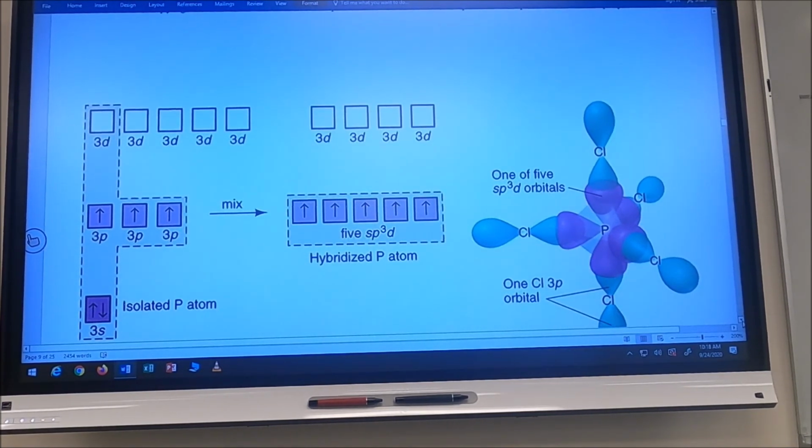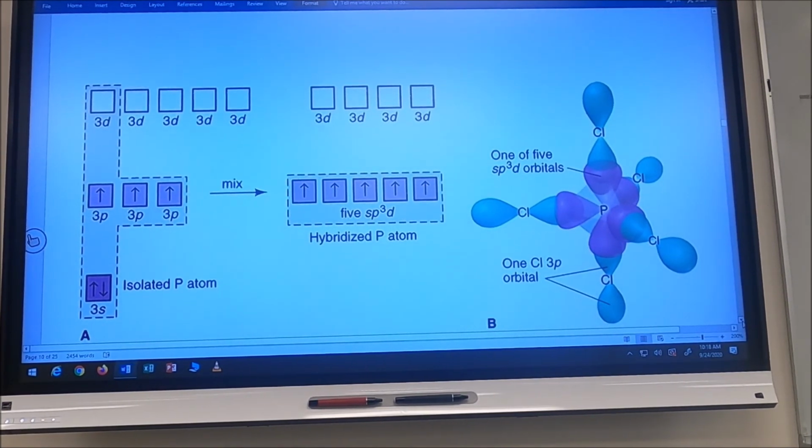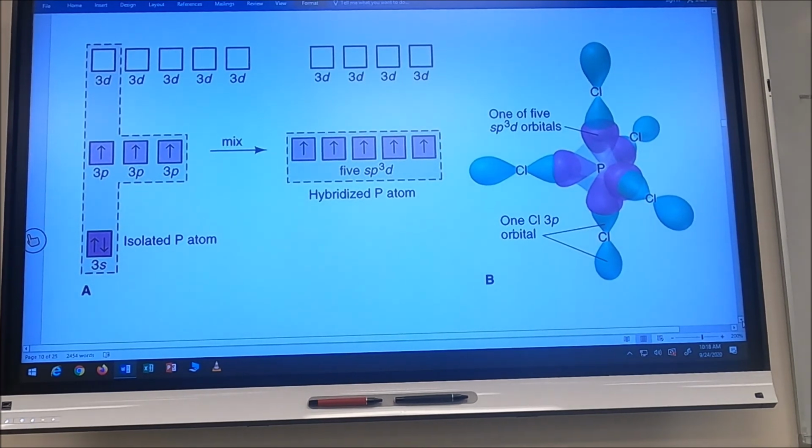So here's what it looks like. We blend together 1 s, all 3 p's and 1 of the d's, and then we get 5 identical hybrid orbitals, and lo and behold, they give us that trigonal bipyramidal shape. Okay, so phosphorus pentachloride is the example shown to you.